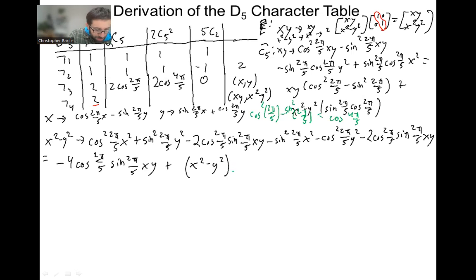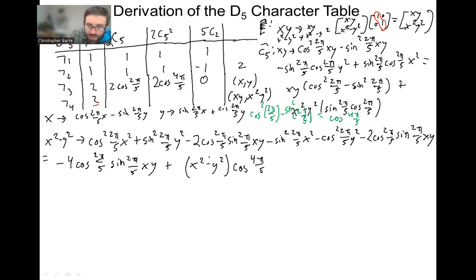So if we look in here, we have cosine squared 2 pi over 5 x squared, and we have sine squared 2 pi over 5 x squared. So we have that times x squared. So that is actually just going to be equal to cosine 4 pi over 5.